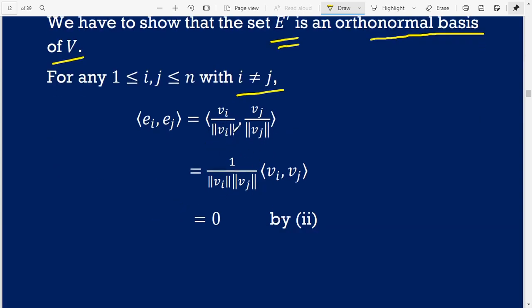So we take common 1 upon norm Vi into 1 upon norm Vj into inner product Vi with Vj.